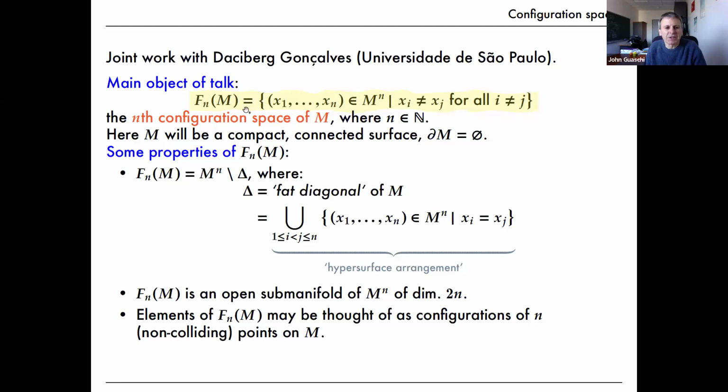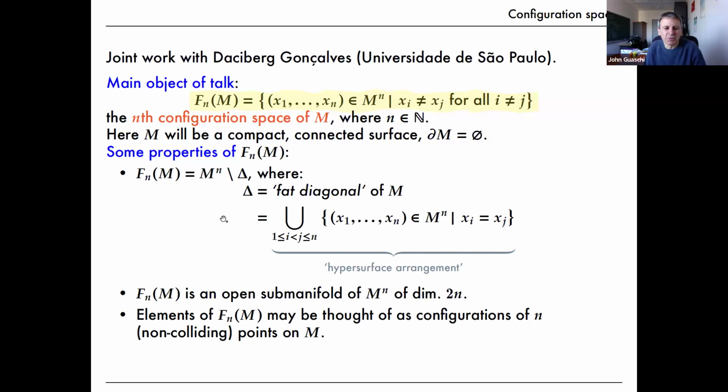This space is defined to be the set of n-tuples of M, where the coordinates are pairwise distinct. This is a well-known object in topology, called the nth configuration space of M. Some very basic properties of this space: it can be viewed as the complement of the fat diagonal of M. We can see this fat diagonal as what you might call a hypersurface arrangement.